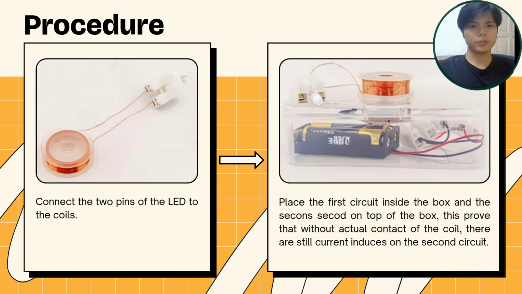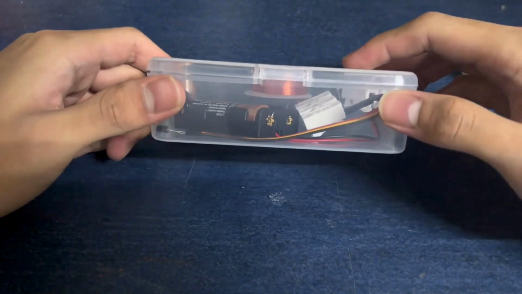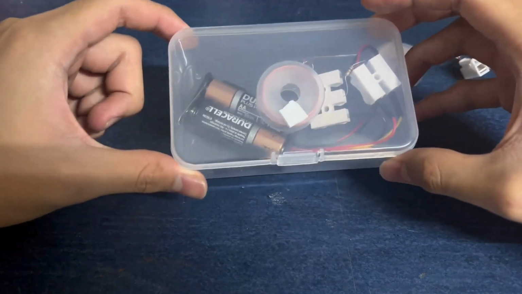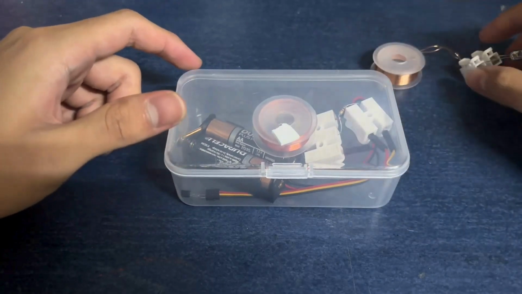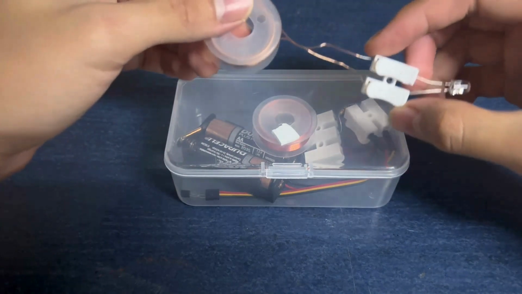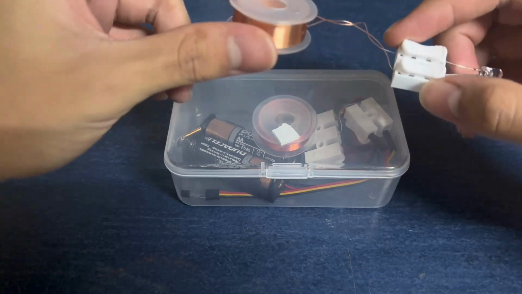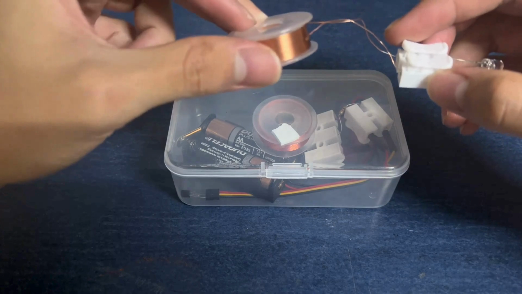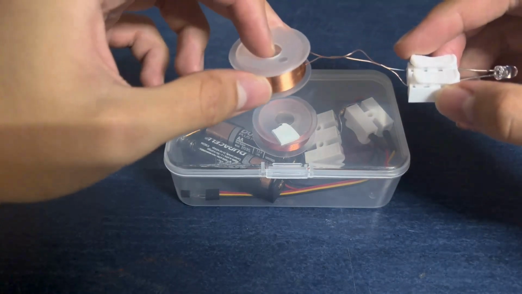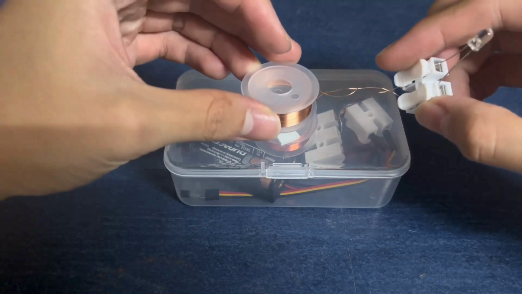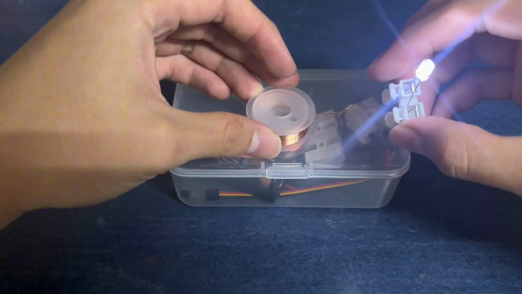And next, I will be showing the demo of our experiment. Right now, this is the box containing the primary circuit, which generates the AC source from the DC battery. And right here is the secondary circuit, which consists of the white LED and also the secondary coil. Now, the two circuits are separated, but as I put the coil close to the primary circuit, we can see that the LED lights up.